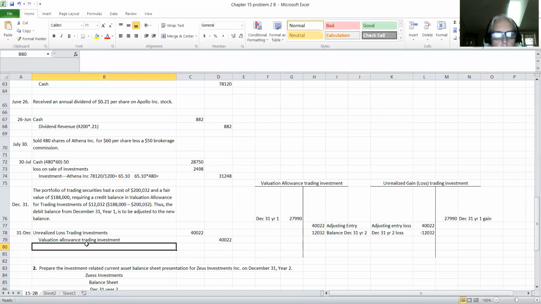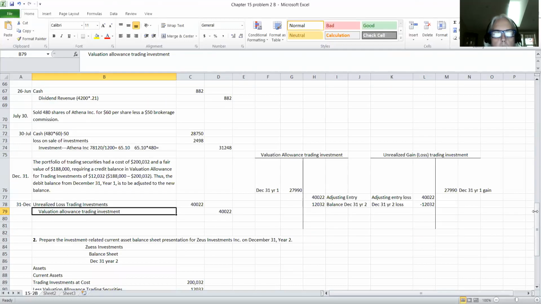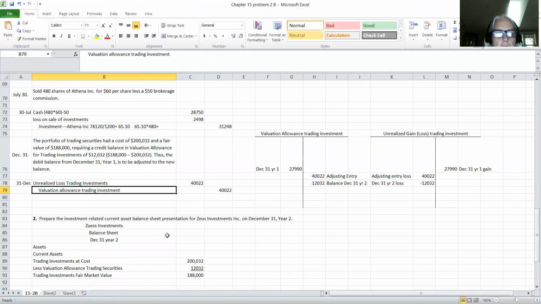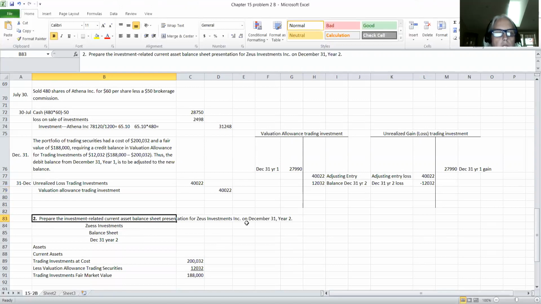This valuation allowance will end up on your balance sheet. In the last part of this problem, they ask you to prepare a balance sheet. And they're asking you to prepare this balance sheet as of year 2. So make sure that you recognize that this is for year 2.